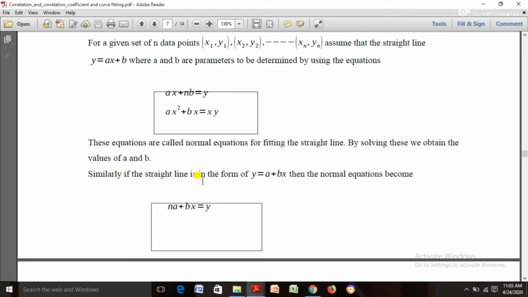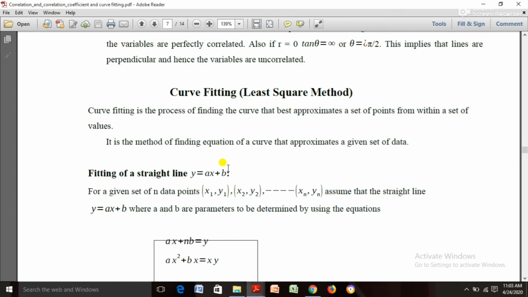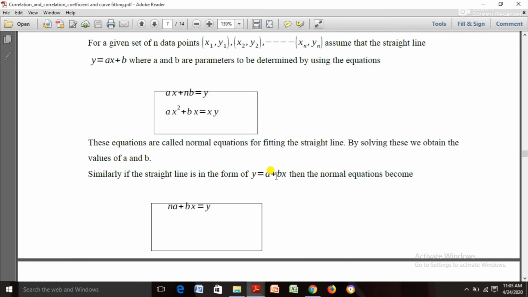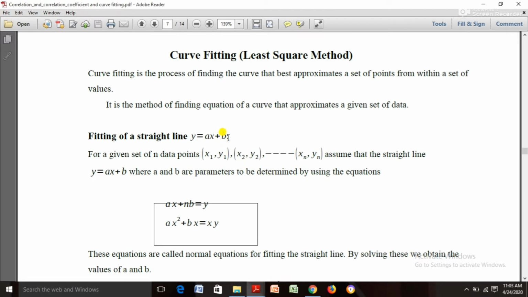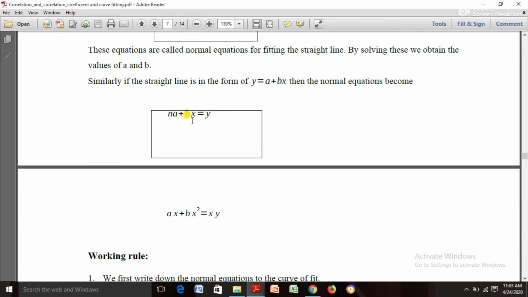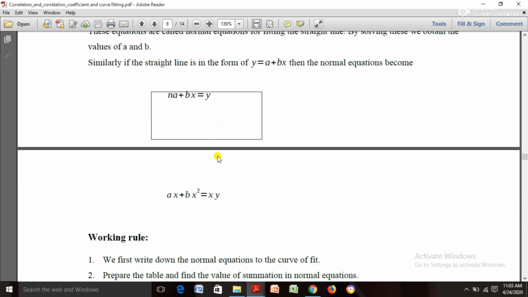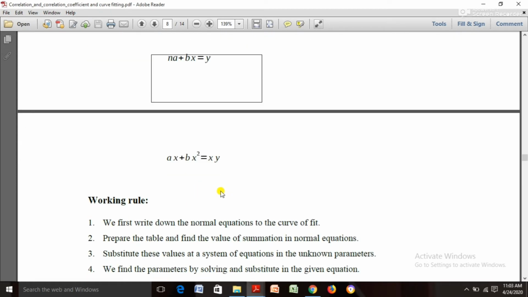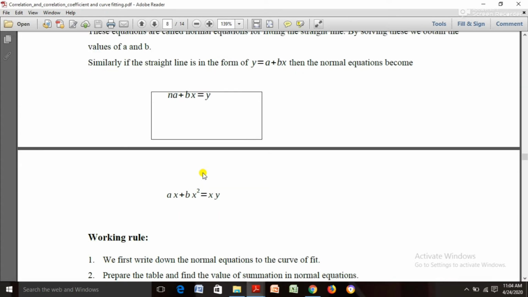Similarly, if the straight line is in the form y = a + bx, the first one is ax + b and this is a + bx. These two forms are there. For ax + b we apply the earlier normal equations, and for a + bx the normal equations become na + bΣx = Σy, and aΣx + bΣx² = Σxy.